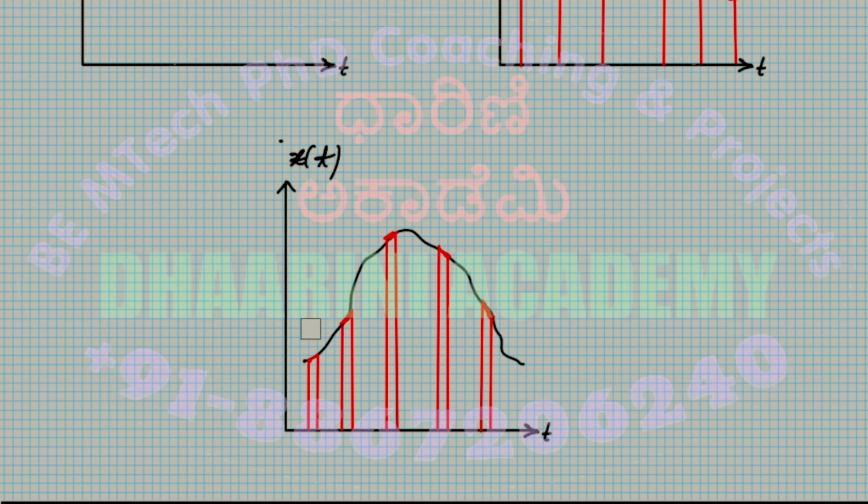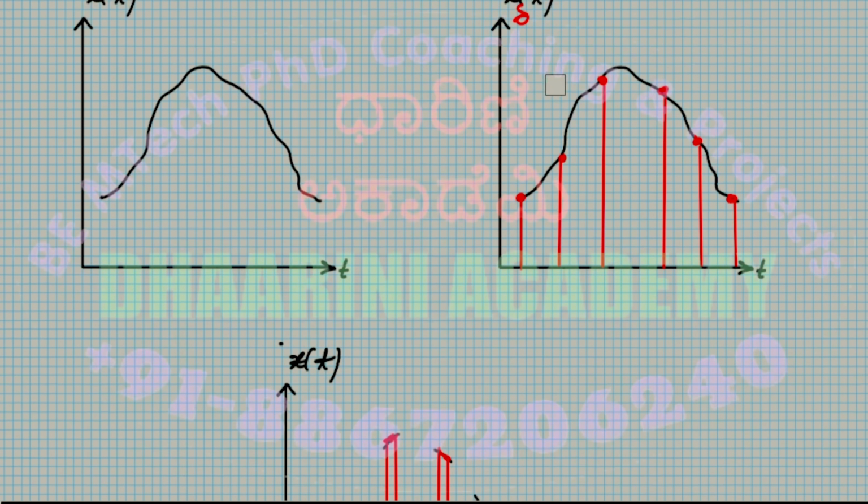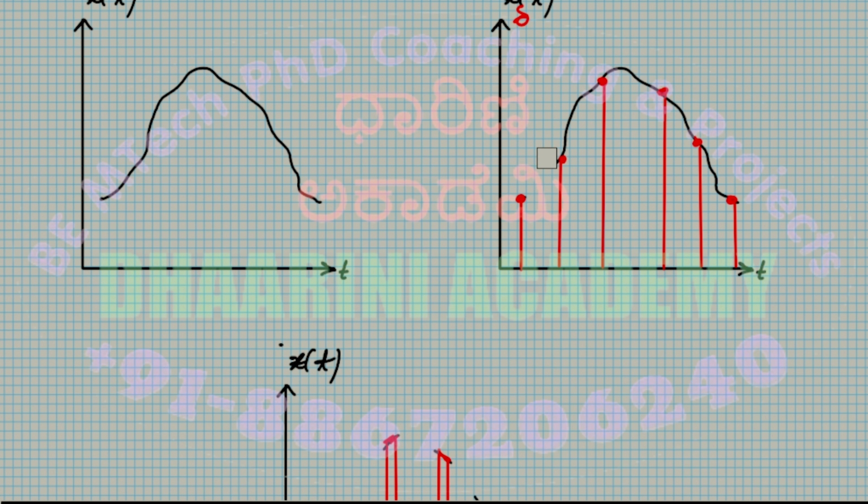So before that, let me try to erase the unwanted part of the signals. So compare this with the older one, wherein you can see that ideally speaking, we should get only those dots, right, which are the samples corresponding to the sampling instant.